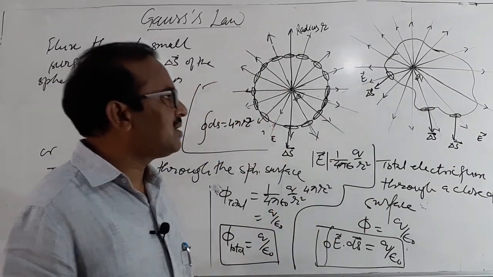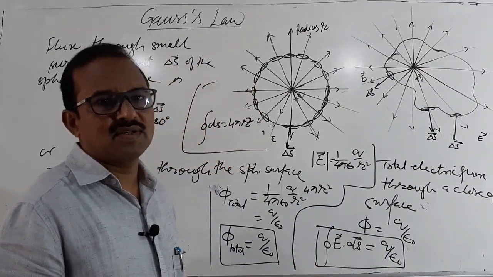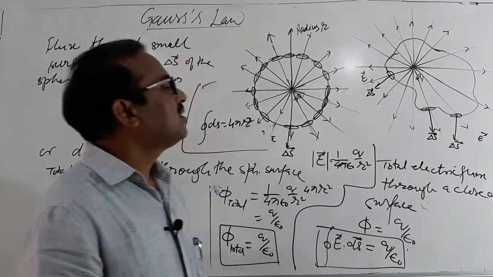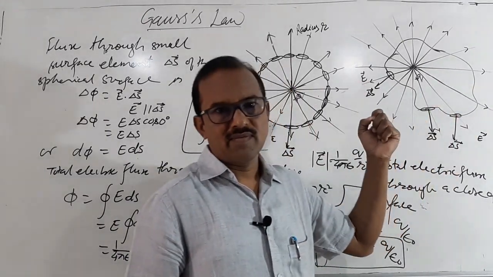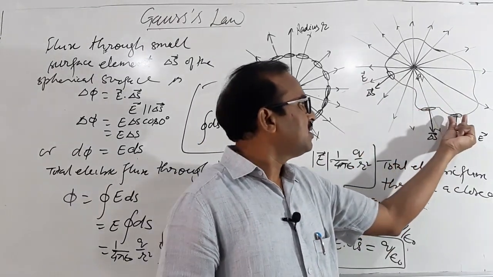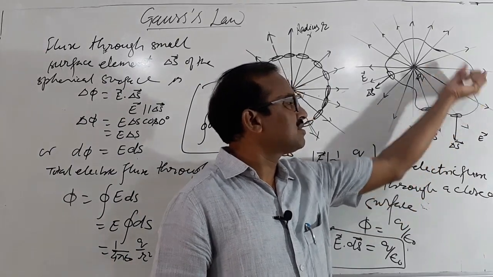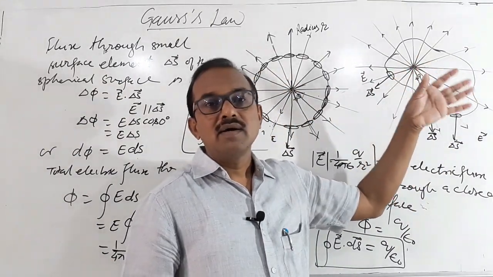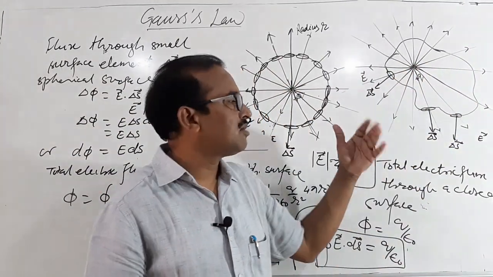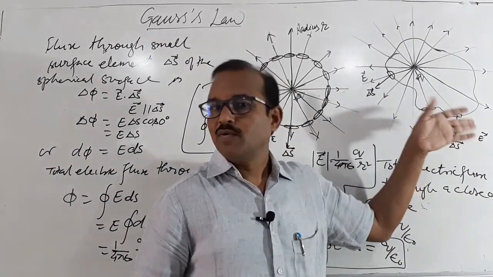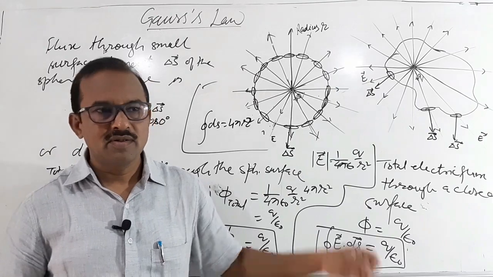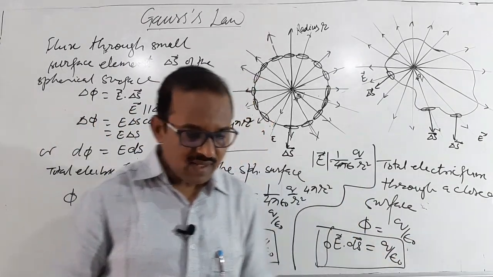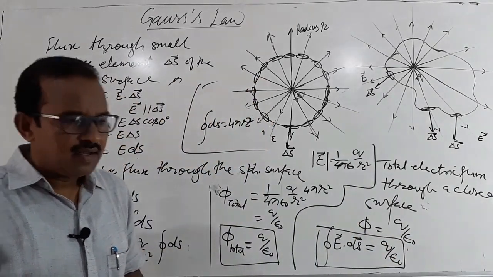In order to calculate flux from any surface, you have to calculate flux in each small part and then sum over this flux to obtain the total flux. So this is the result, Gauss law.